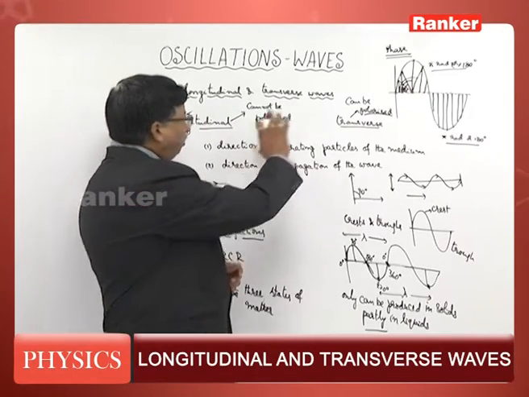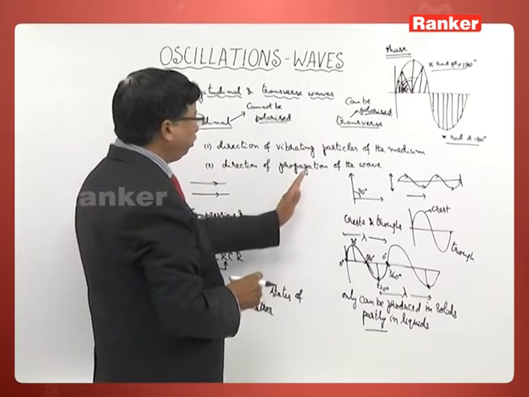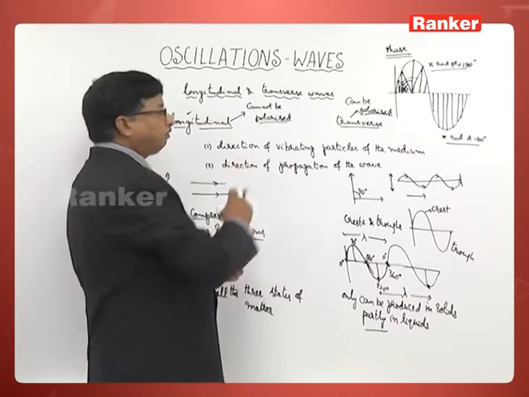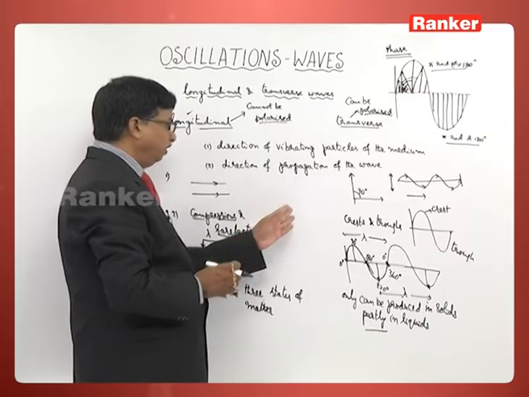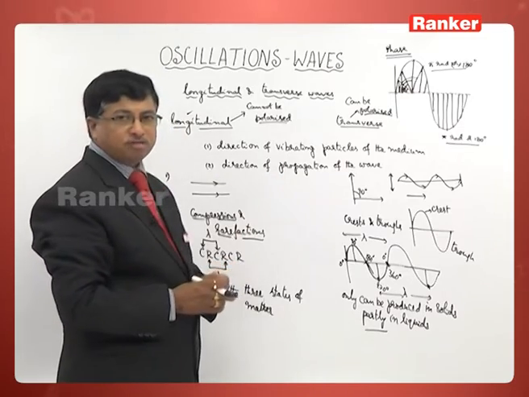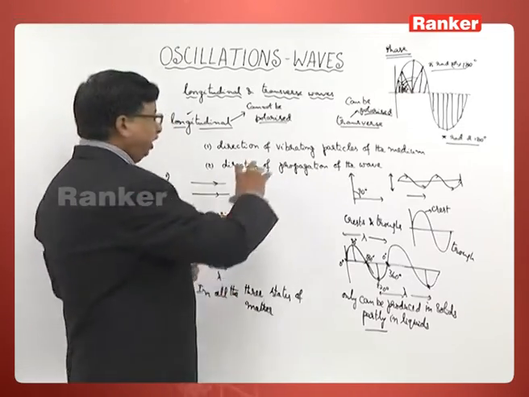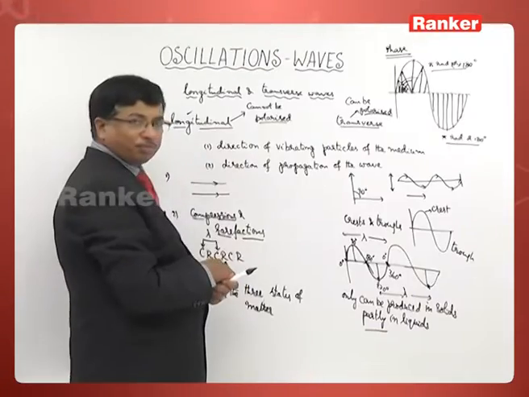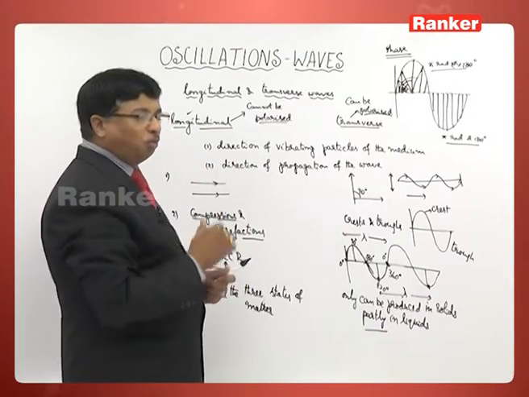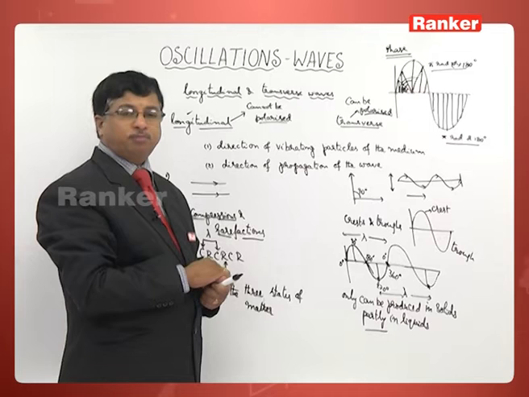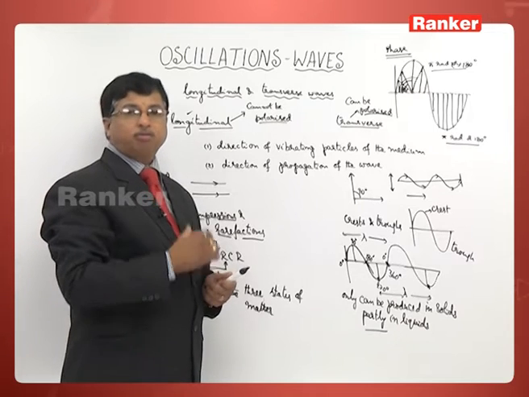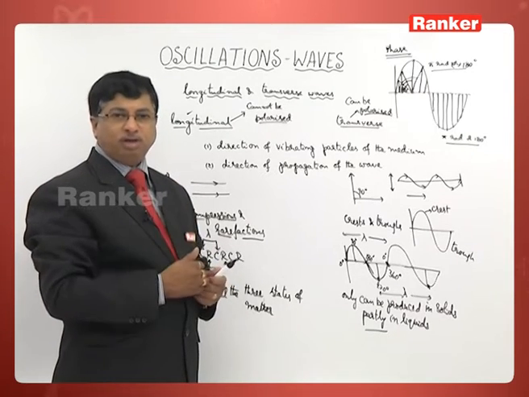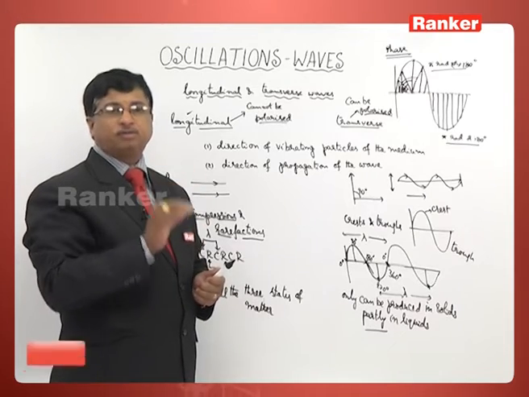So, these are the major differences one needs to remember as far as longitudinal and transverse waves are concerned in this particular context. Now, let us take the general features of a wave, and how to write the wave equation for a progressive wave and for a stationary wave, and what are the differences between those two.